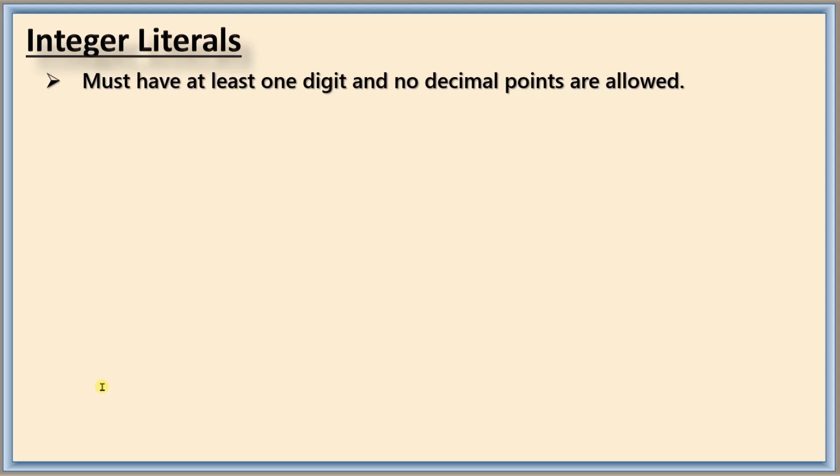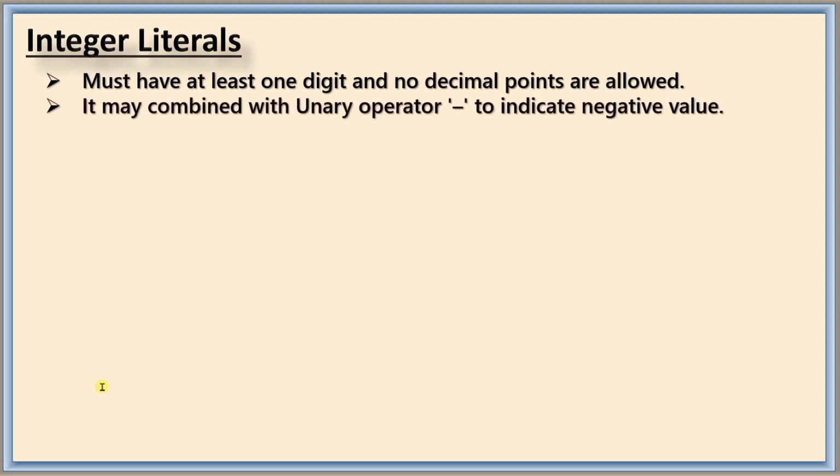That means no decimal numbers are available. It may be combined with the unary operator minus. You will learn more about the operators in the next class. Now just remember that plus or minus can be combined to say whether it is a positive number or negative number. And you need to remember that no commas are accepted when you are writing numbers.